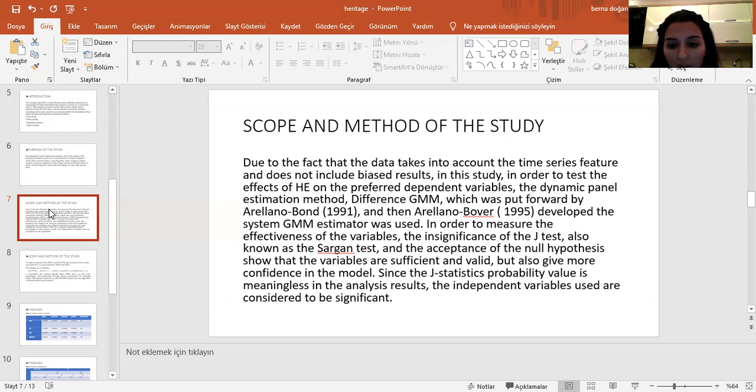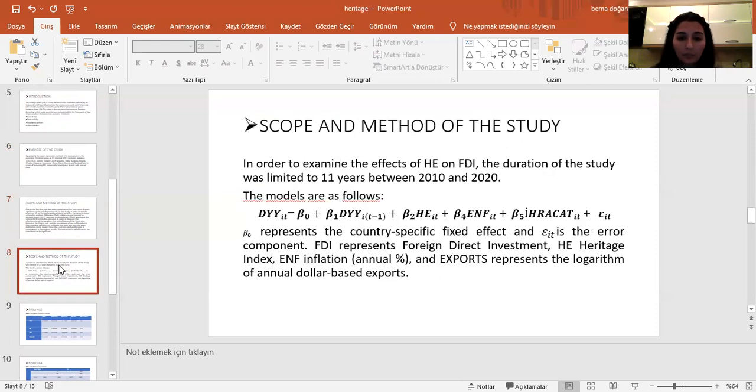Since the probability value is significant in the analysis results, the independent variables used are considered to be significant. In order to examine the effect of HA on FDI, the duration of the study was limited to 11 years between 2010 and 2020.